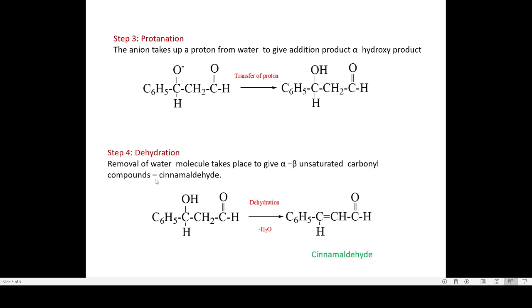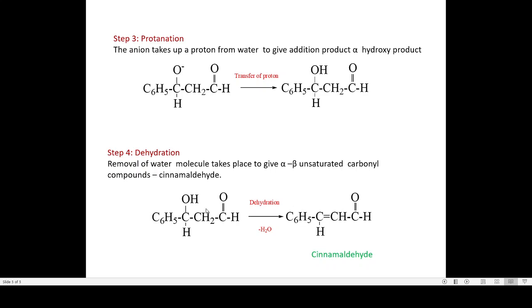And the last step is the dehydration. Dehydration is the removal of a water molecule to give an alpha beta unsaturated carbonyl compound, and here the product is cinnamaldehyde. From the hydroxy product obtained, there is an elimination of a water molecule: OH from the benzaldehyde moiety and a proton from the carbonyl compound, minus H2O.